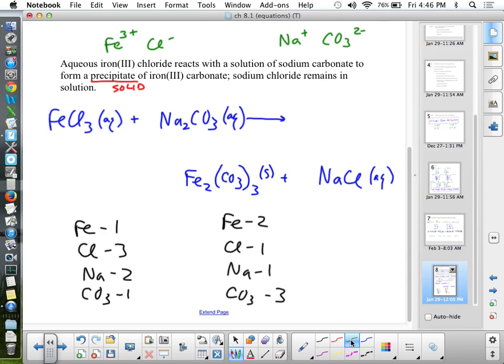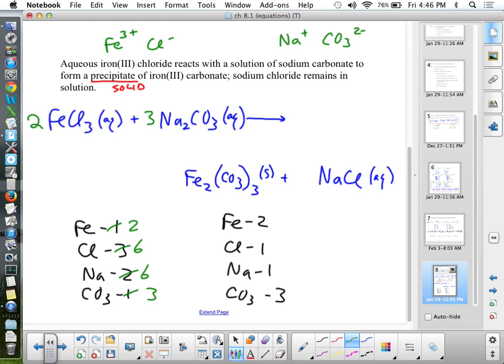I've got 2 irons on the product side, only 1 on the reactant side, so I'm going to put a 2 here. That's going to give me 2 irons on the reactant side, as well as 6 chlorines. I'll go back to the most complicated formula, the iron 3 carbonate, and I see I have 3 carbonates. So to balance carbonates, I'll put a 3 in front of the sodium carbonate. That's going to give me now 6 sodiums and 3 carbonates.